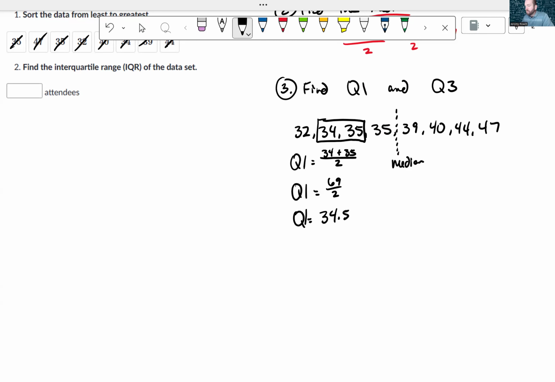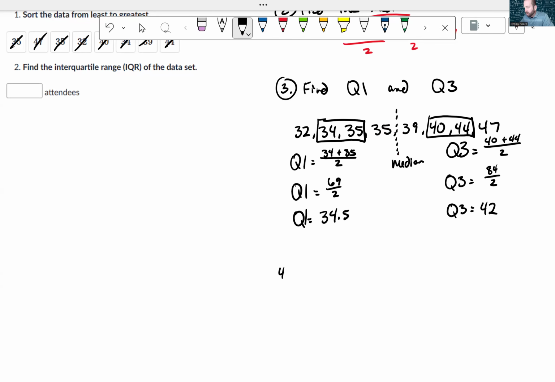That's Q1. Okay, for Q3, we also have 2 numbers in the middle. It's 40 plus 44 divided by 2, and it's 84 over 2. And that's equal to 42. Okay, so now we have quartile 1 and quartile 3.